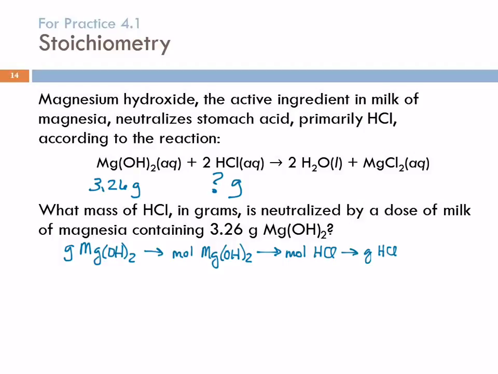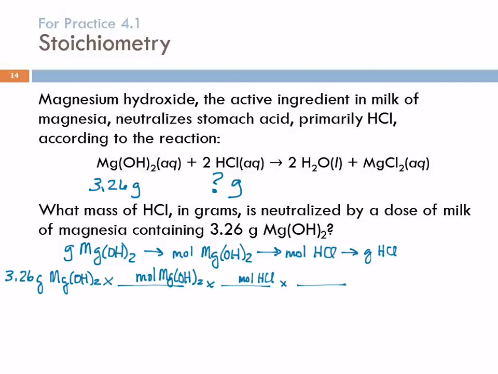So now I'm just going to break out the dimensional analysis and do it. So 3.26 grams of MgOH2. 3 conversion factors. The first one, I'm going to moles of my starting compound. And then I'm going to moles of HCl.